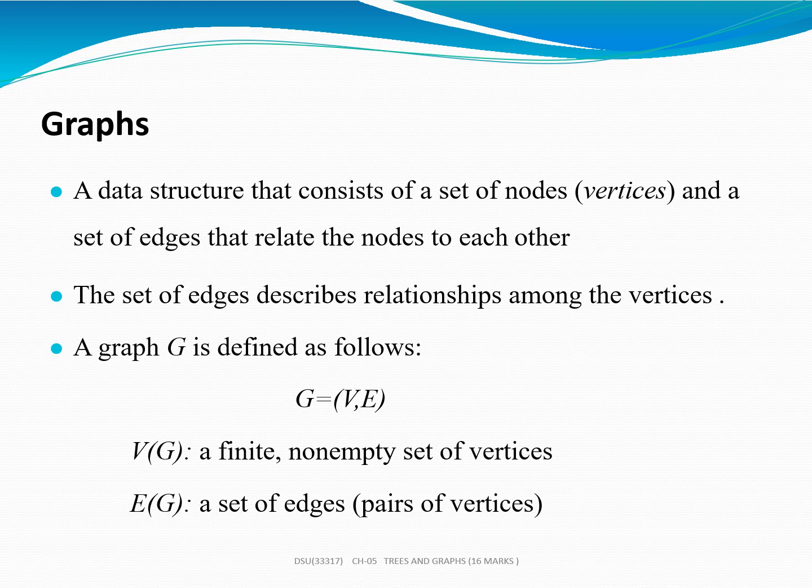In this, V of G is a finite non-empty set of vertices, and E of G means the set of edges, means the pairs of the vertices. So G is defined as G equals (V, E). It is nothing but a non-linear type of data structure which consists of nodes, means vertices, and the edges. Okay.